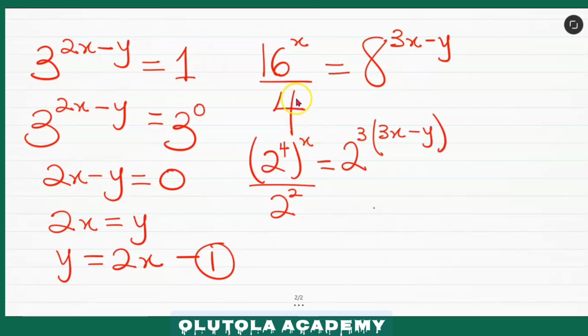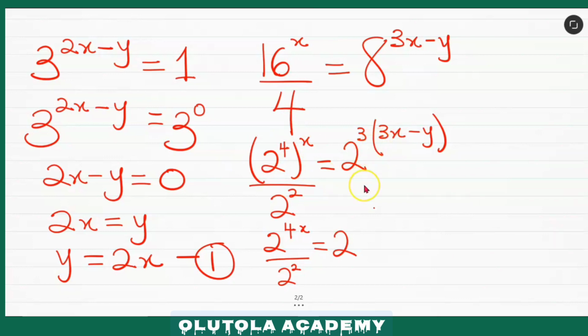So what I've done here is to make 16, 4 and 8 in powers of 2. Now I can go on. I'm going to have 2 raised to power 4x over 2 raised to power 2 equals to 2 raised to power, I will open this one up here.